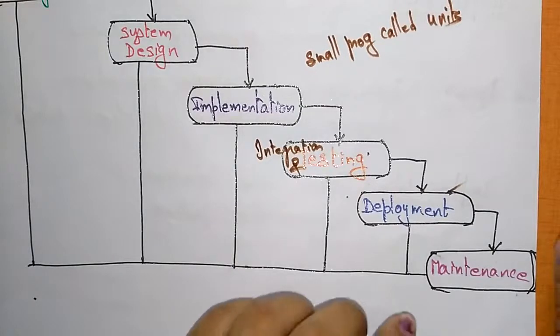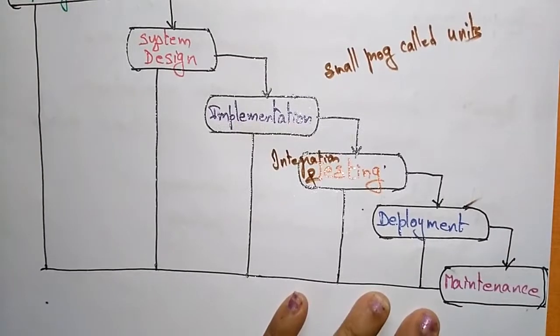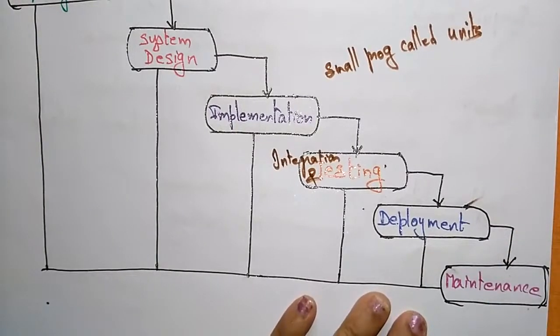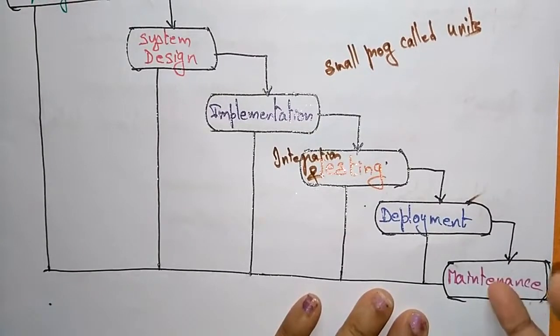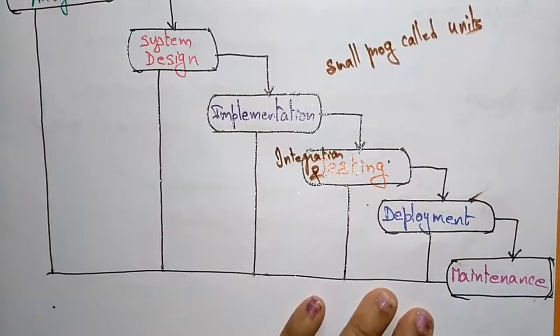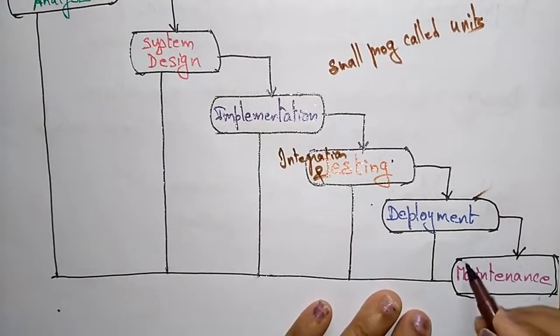Even if your project is over and your product was delivered, if any issues come up from the client environment, you have to fix those problems. And if they want any enhancement to that product, you have to add it and release it again. That stage you call maintenance.